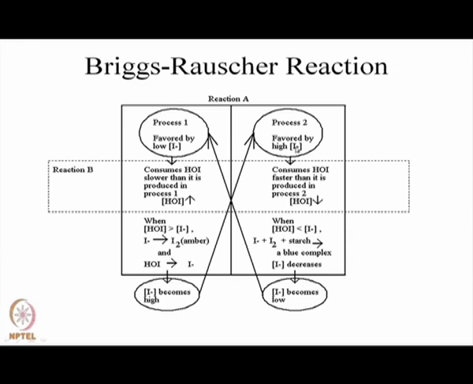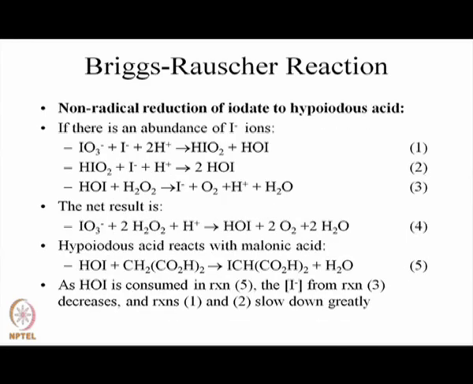So, in presence of high iodide concentration, the non-radical process, that is these steps, is prevalent: IO3 minus plus I minus plus 2H plus giving rise to HIO2 plus HOI, hypoiodous acid, and IO2 minus plus I minus giving rise to 2HOI.